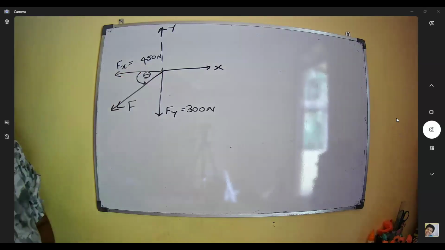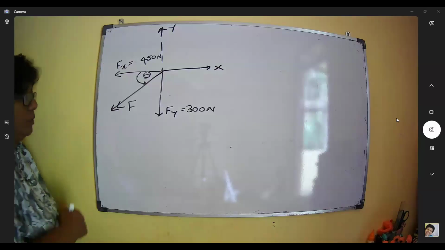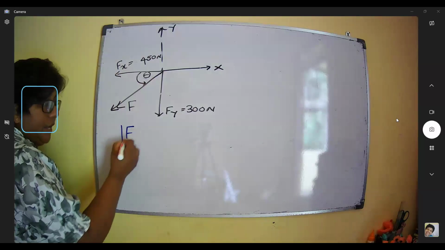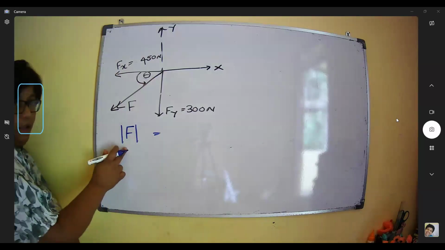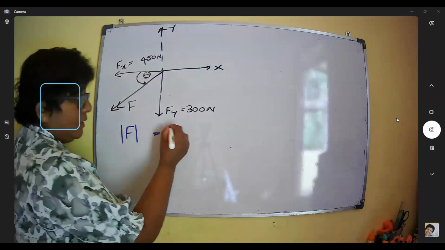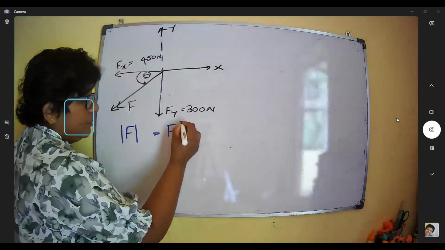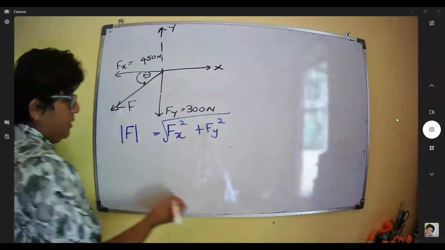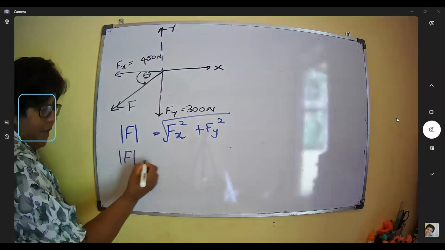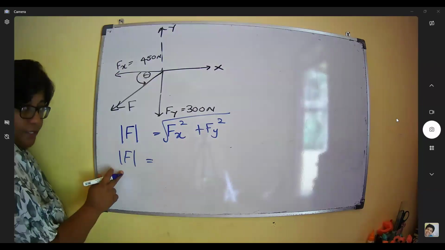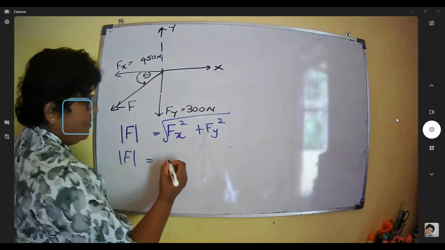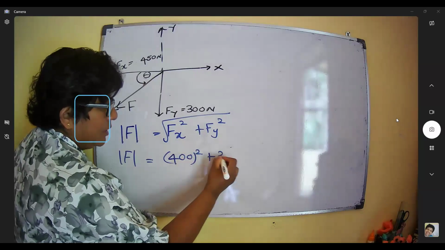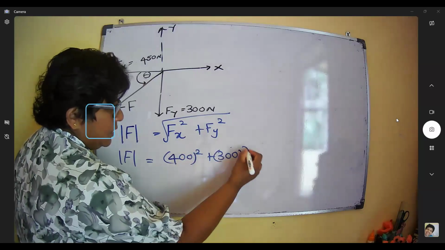Now we know the Fx value and Fy value. The mod value of the resultant vector F is equal, using the Pythagorean theorem, to the square root of Fx squared plus Fy squared, right? The magnitude of F is equal to, what is the Fx squared? 400 squared plus 300 squared, square root.